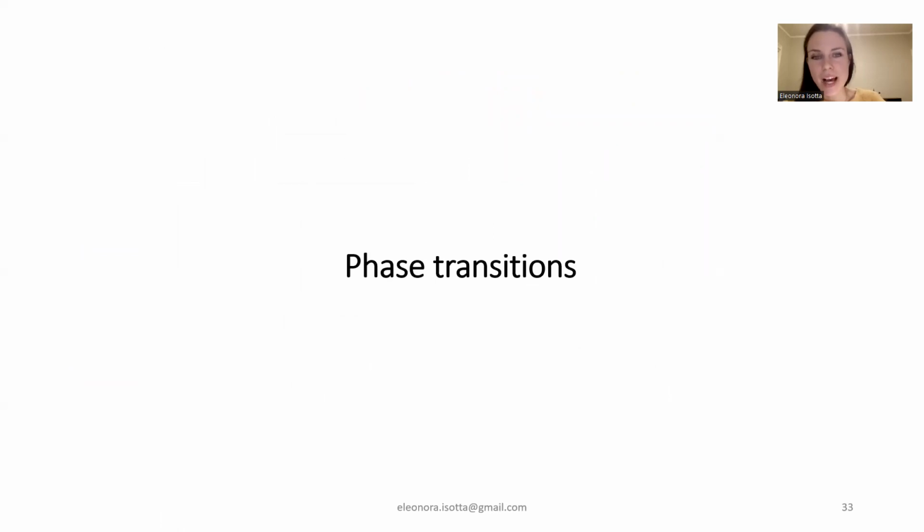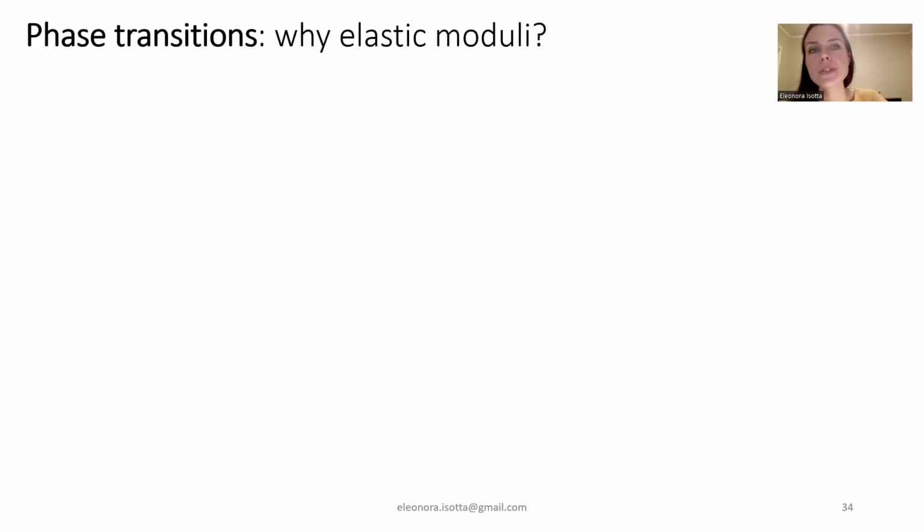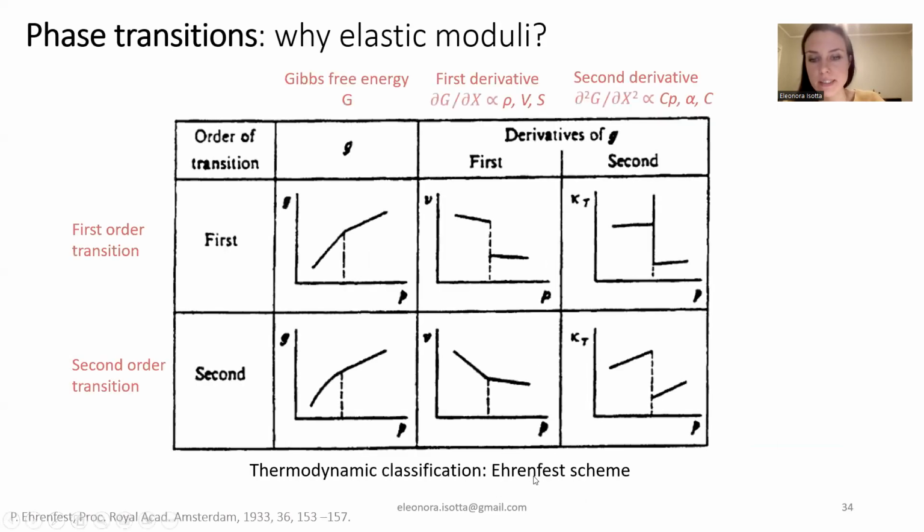So to conclude, I would like to show you how elastic moduli can be very powerful also in studying phase transitions. So why do we want to choose elastic moduli for phase transitions? You might recall the Ehrenfest scheme that basically classifies phase transitions into first order and second order phase transitions. And this classification is based on where we see the discontinuity in properties with the evolution of the phase transition.